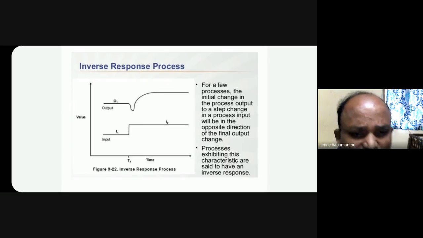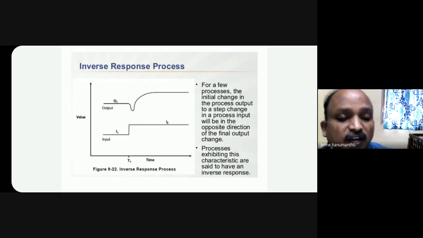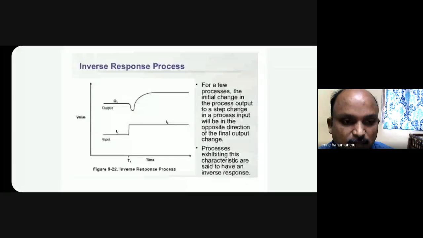Whatever output you are expecting, ideally no error, or at least acceptable error, like 0.02% error or 2% error, 1% error. That is acceptable. But you expect about 98% output from any control system or control process. Right?